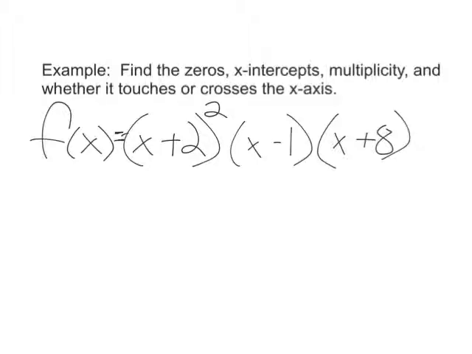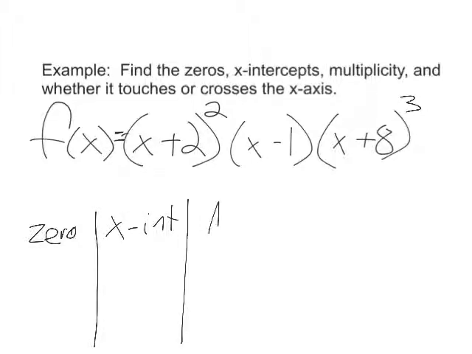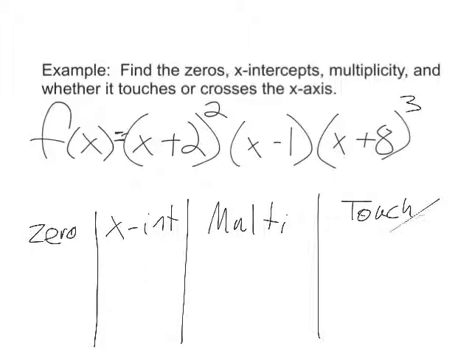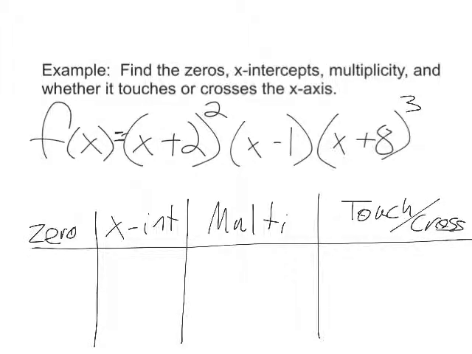Let me add an exponent right there, just so we've got another one to look at. This time we will have zeros, the x-intercept, the multiplicity, and whether it touches or crosses the axis in our little table.